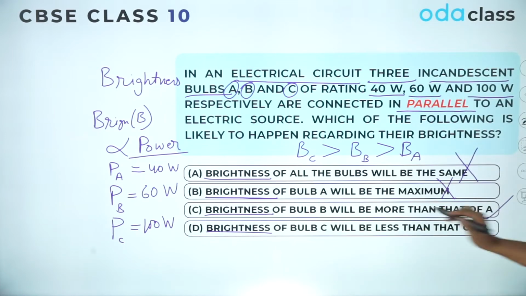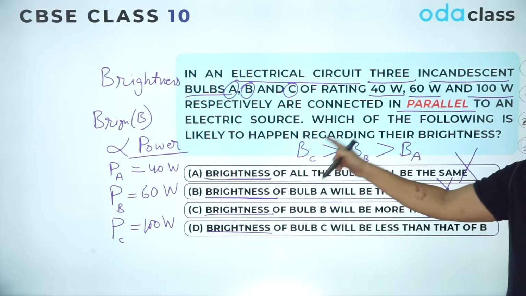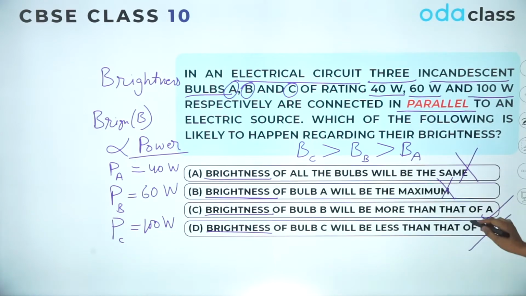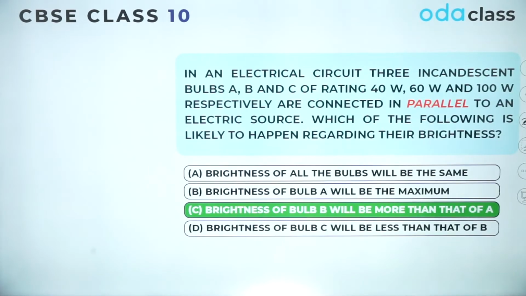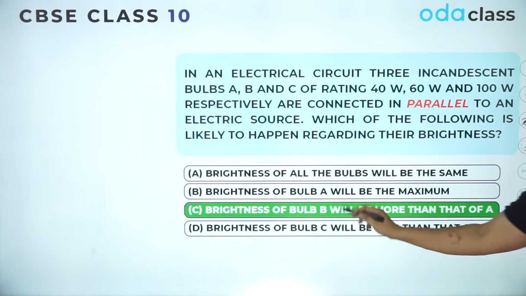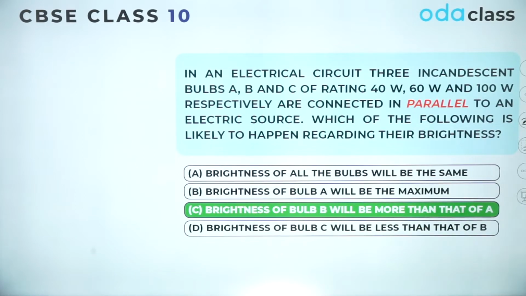Brightness of bulb C will be less than that of B. It's not less than, it's greater than, so it's also incorrect. So guys, now you can check the correct option. The correct option is that brightness of bulb B will be more than that of A.